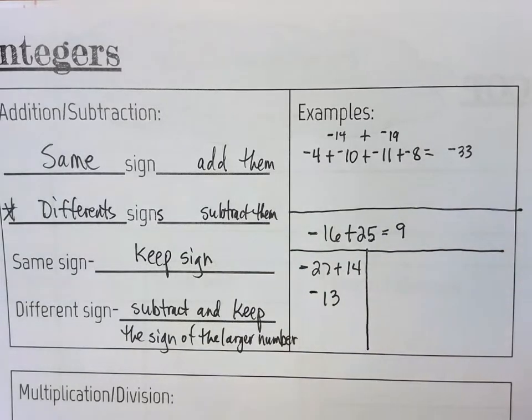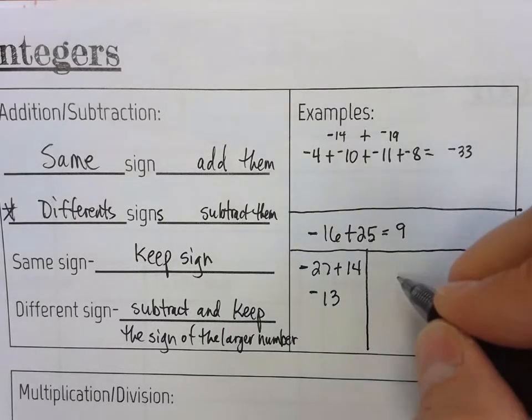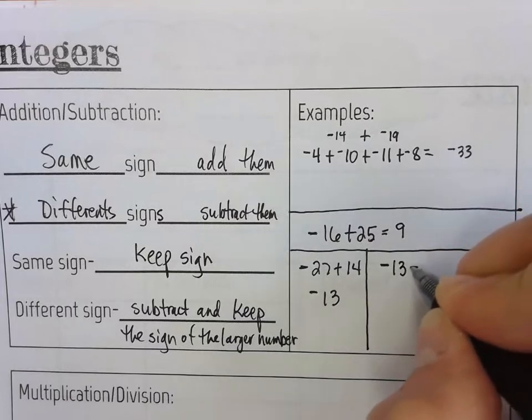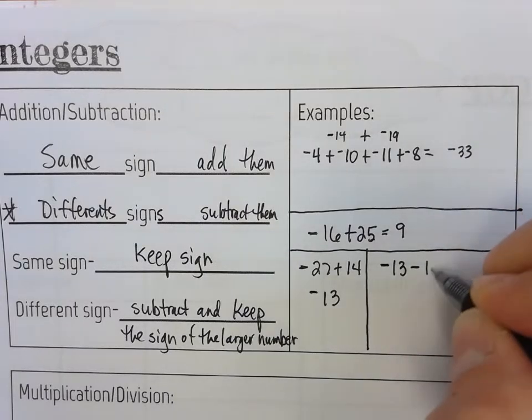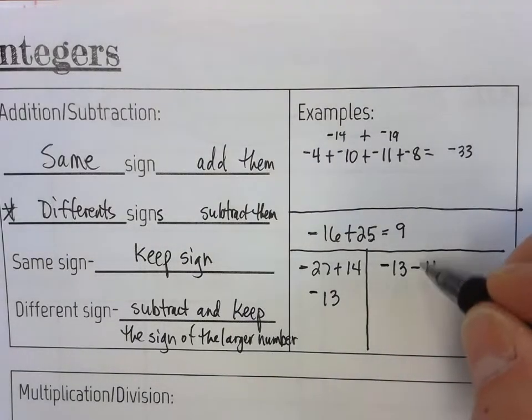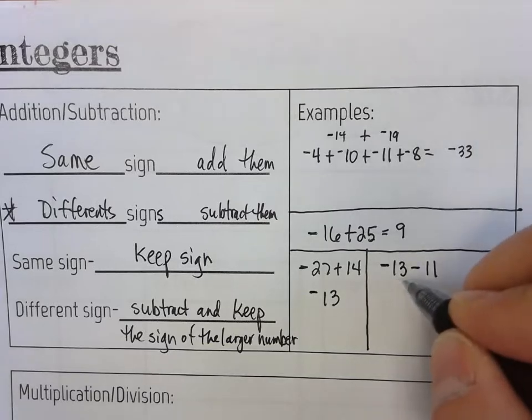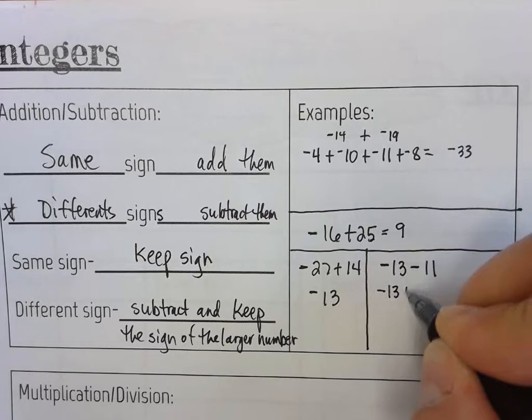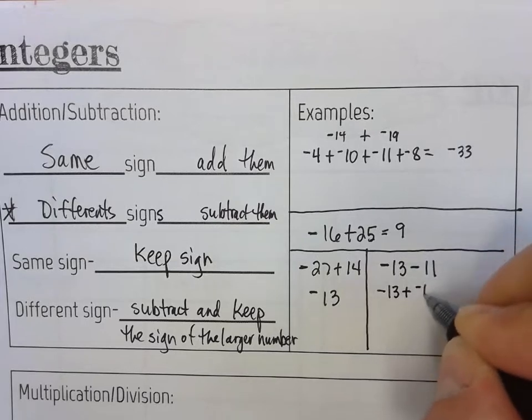Now let's do some where we've got some subtraction. Let's say we've got -13 minus 11. On that, we're going to do additive inverse. That means I'm going to rewrite that as -13 plus -11.